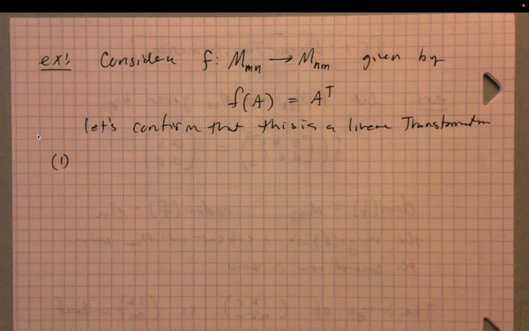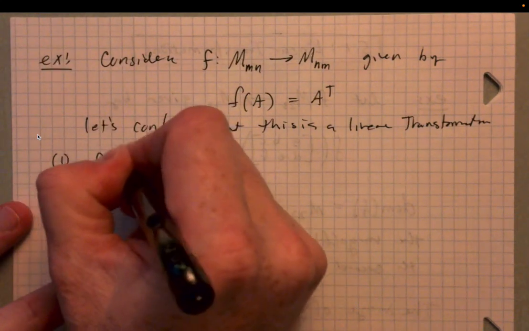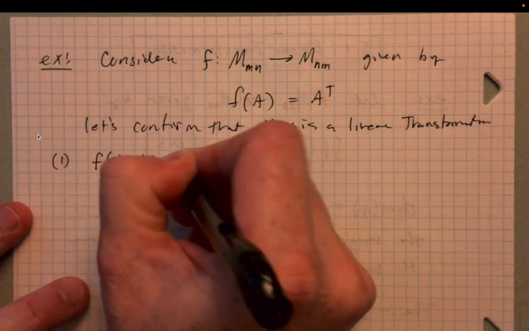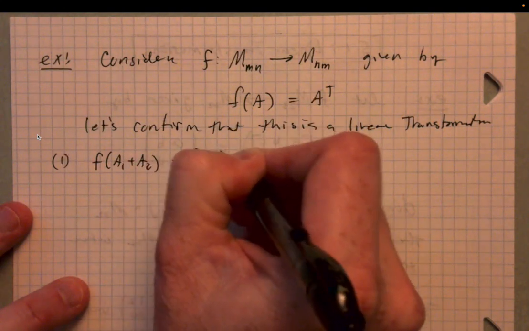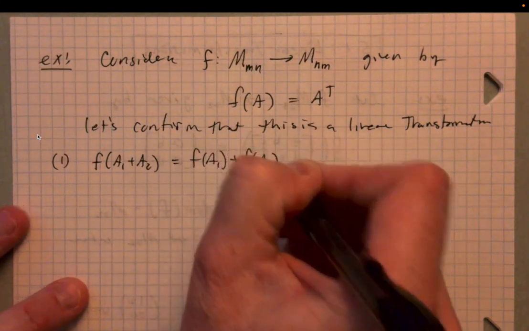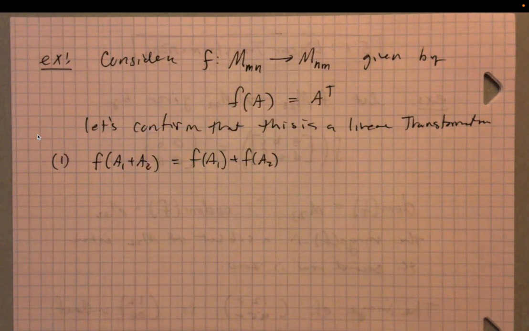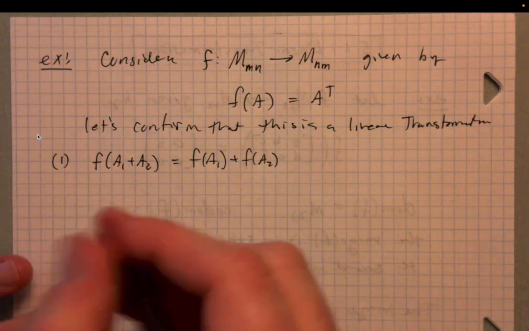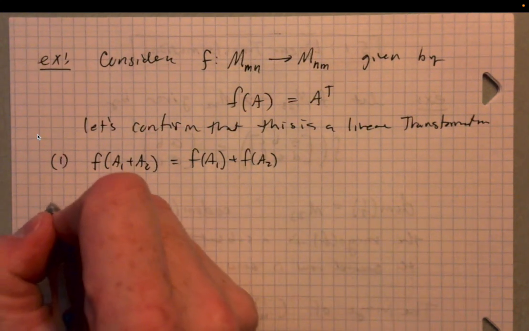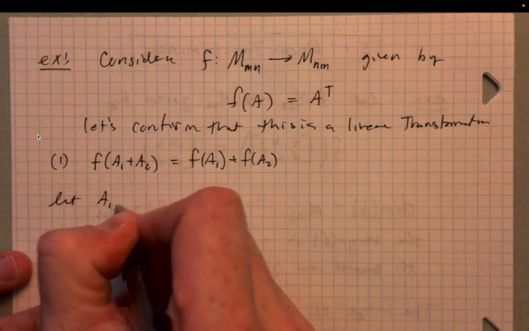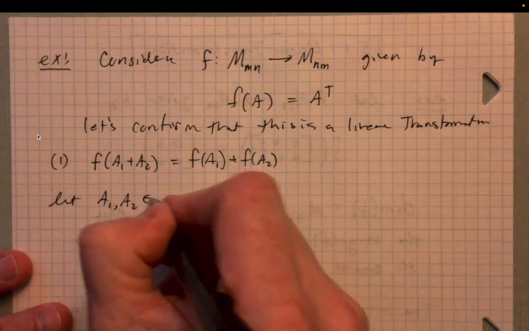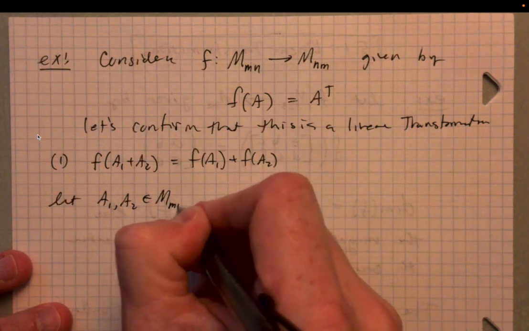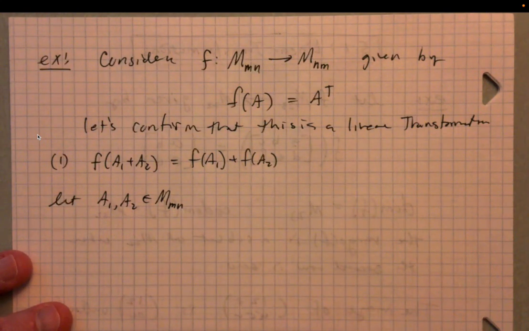The first property is that F of A1 plus A2 is equal to F of A1 plus F of A2. We have to confirm that one to start with. This is really straightforward, actually. Let A1, A2 be m by n matrices.